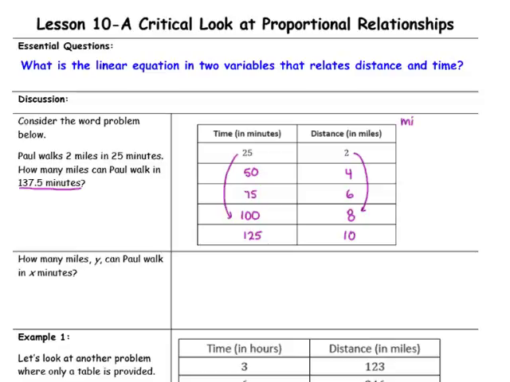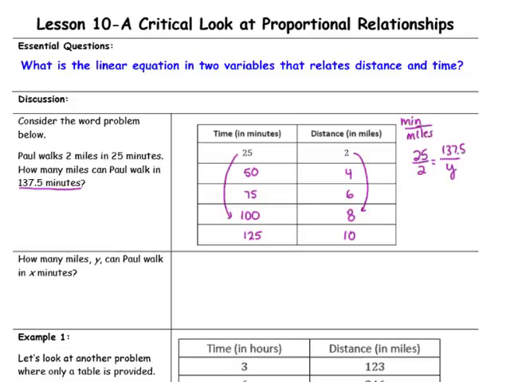We know that he walks 25 minutes and he goes a distance of 2 miles. And we want to determine how many miles he walks. Let's let that equal y in 137.5 minutes.